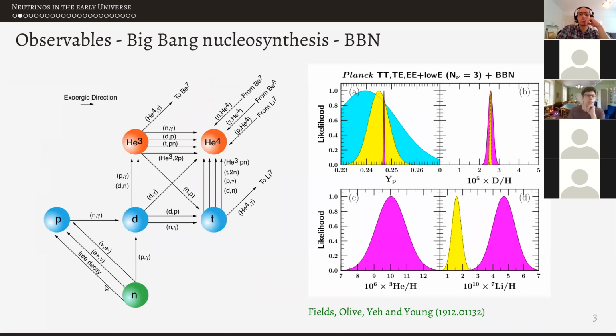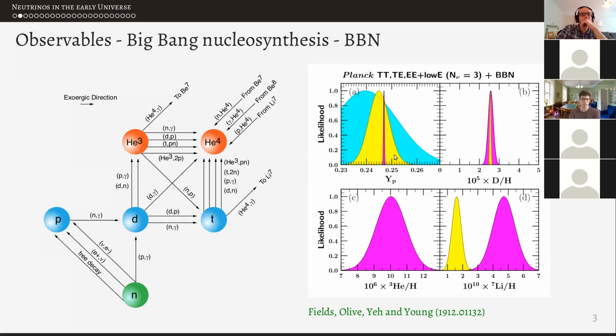The reason that this is interesting from a neutrino point of view is that neutrinos help set the ratio of protons to neutrons before Big Bang nucleosynthesis, and hence, since at zeroth order, what Big Bang nucleosynthesis does is to take all of the neutrons and put them into helium, if we change the ratio of neutrons to protons by changing neutrino physics, then we also change the helium abundance.